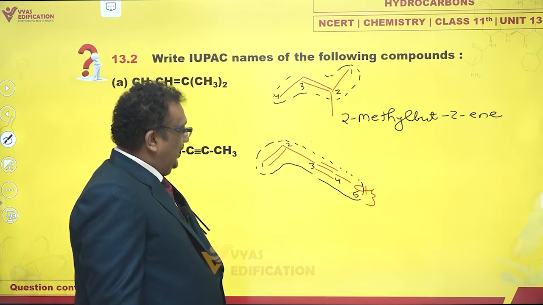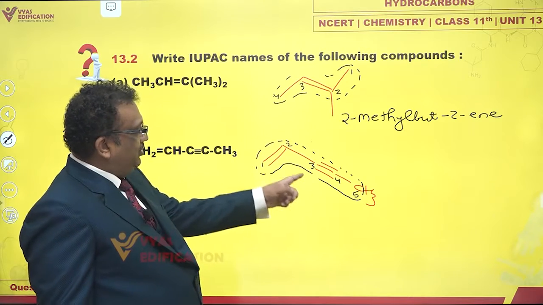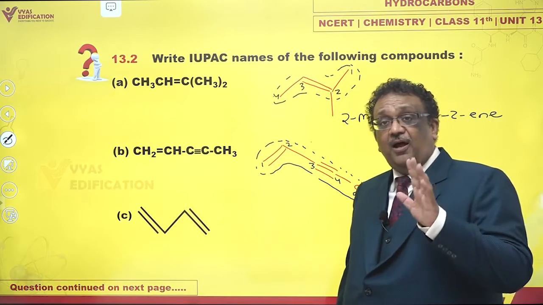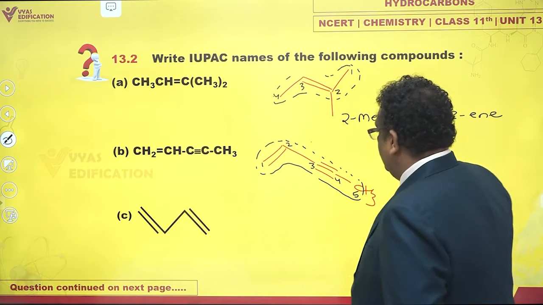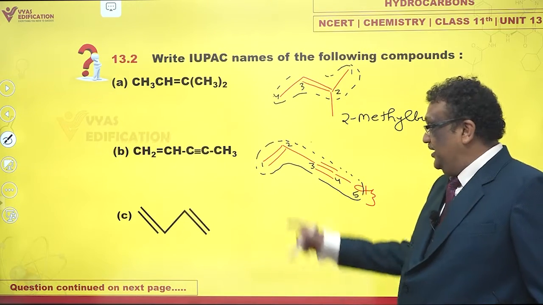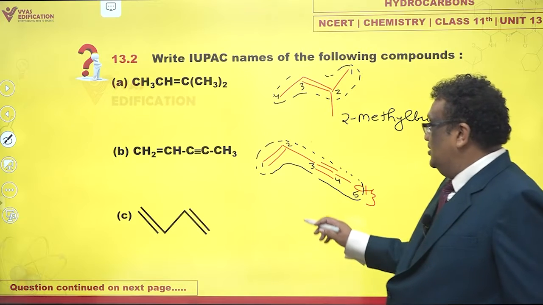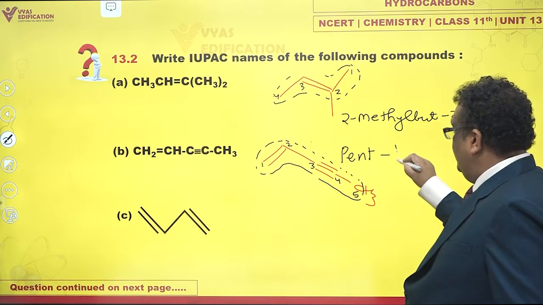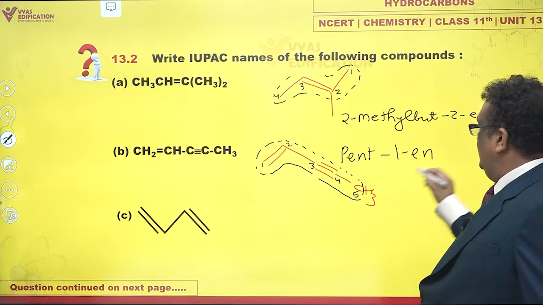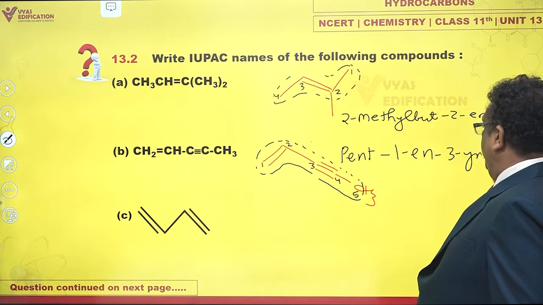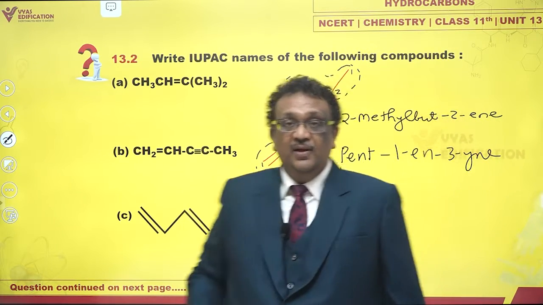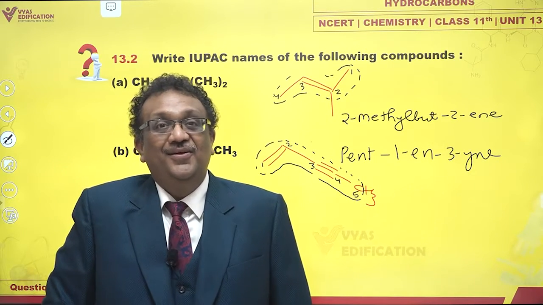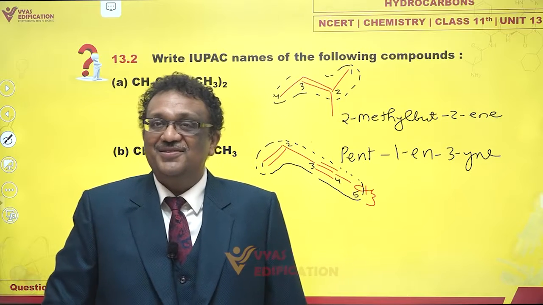Now this is 5, which means pent. So this is pentene and yne, ene and yne. So this is pent-1-ene-3-yne. This, my dears, is the way we write it.